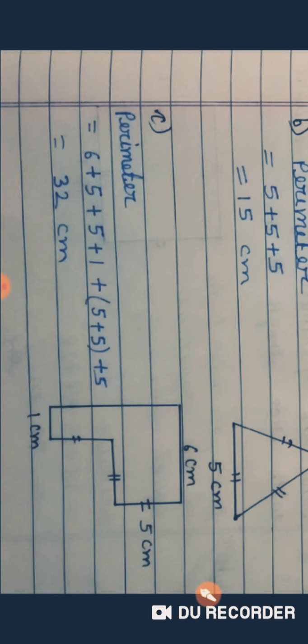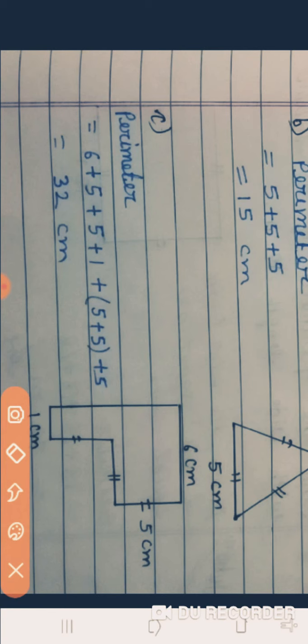Now see, for this figure you have to tell the perimeter. Dear students, firstly see here, this is 6 centimeter. Now up to this length it will be 5 centimeter. These both lengths are equal.